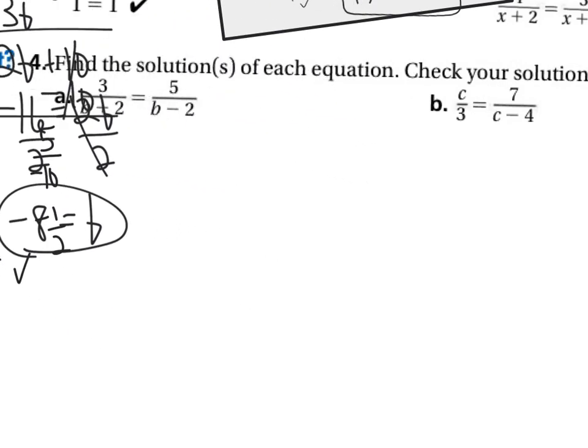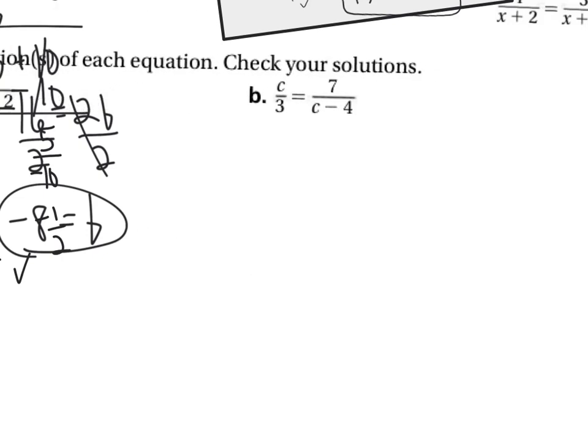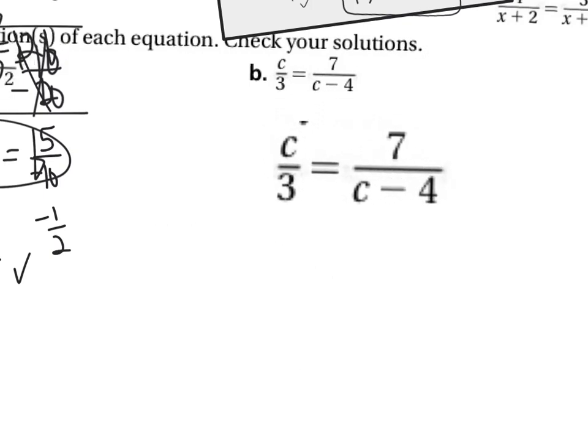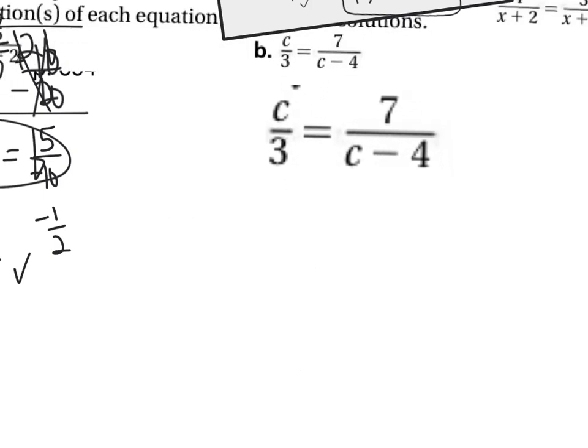Then if we look at part B, same idea. So we're trying to solve this. To start with, if we want to clear out our fractions here, we can multiply on both sides by 3 times quantity c minus 4.